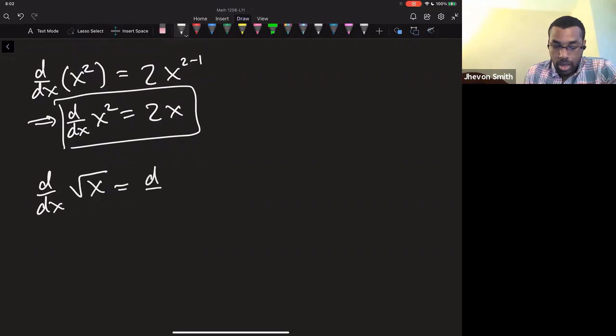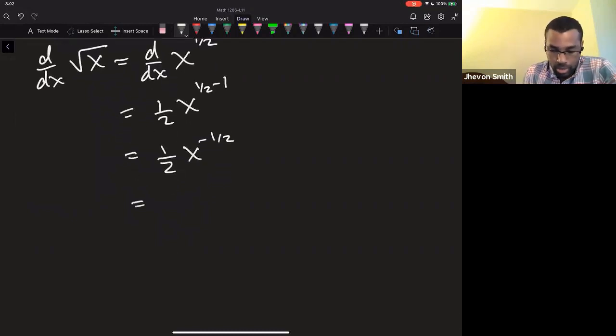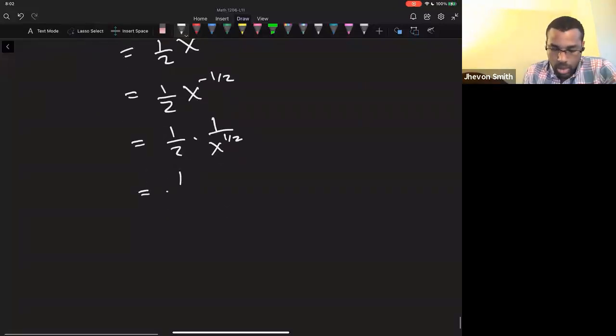Remember, here we could just rewrite this as a power, and that's just bring the power down, subtract 1 from the power. That's going to be 1/2 x to the minus 1/2, and you know that's your 1/2 radical x.